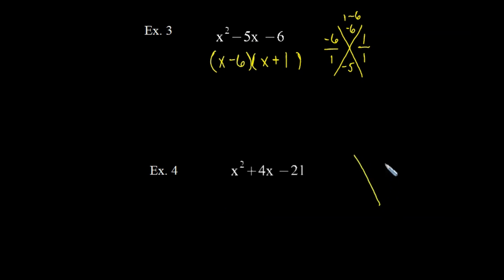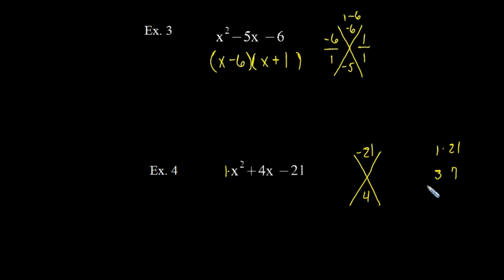All right, example 4. So very quickly, we should be speeding up in our understanding here. We have 1 times negative 21, which is negative 21. We're going to drop that 4 down here in the bottom quadrant and then ask ourselves, of our factors of 21, which ones add to be positive 4? Well, they're going to be opposite signs because our a times c value is negative 21.